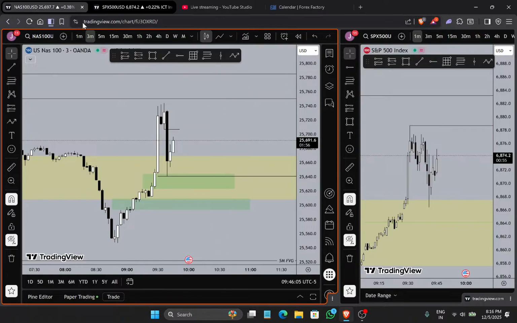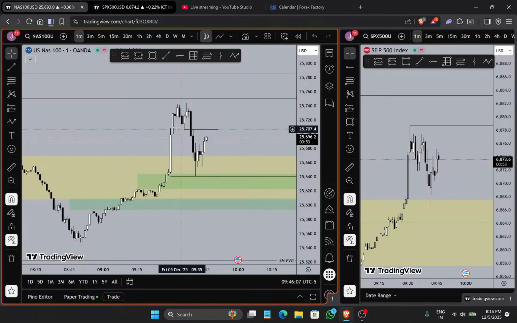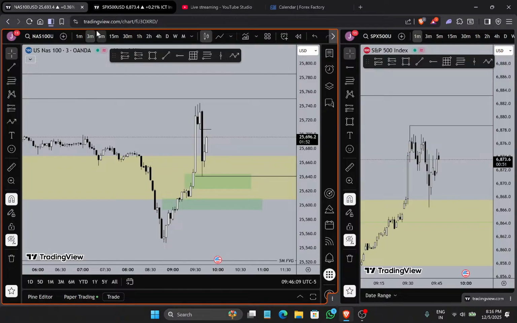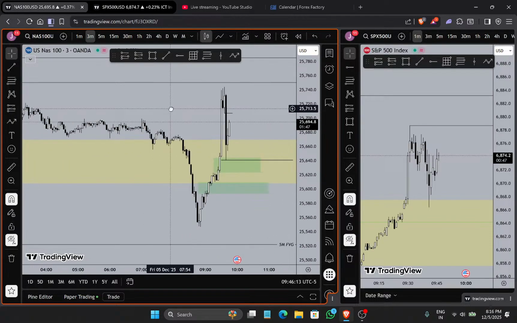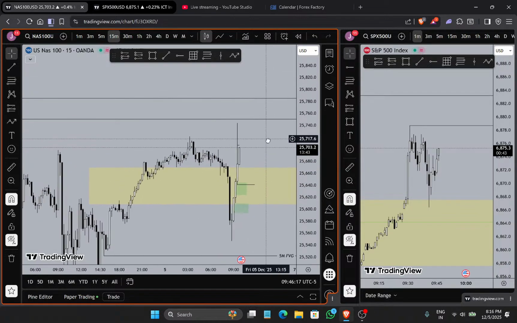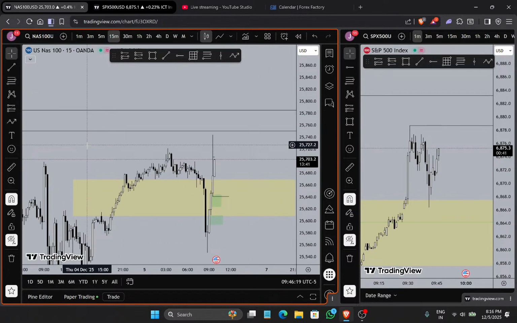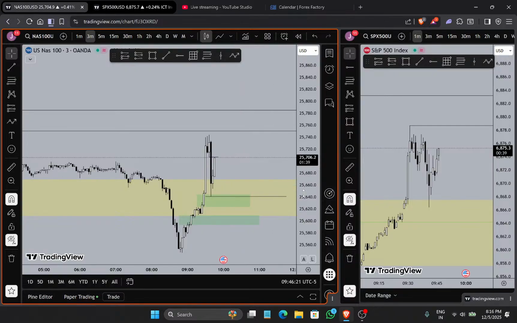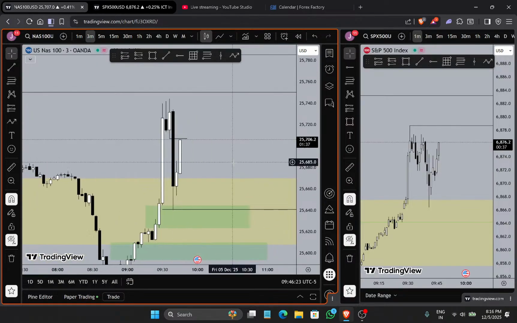Let's see if this inversion is strong enough to allow me to take this or not. So let's take a chance.